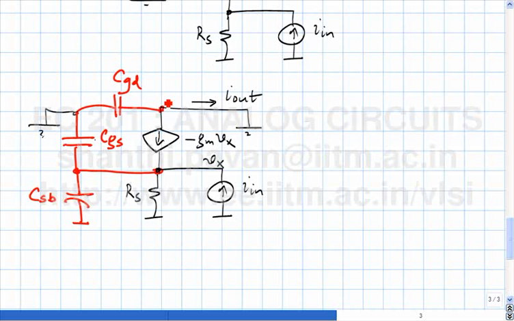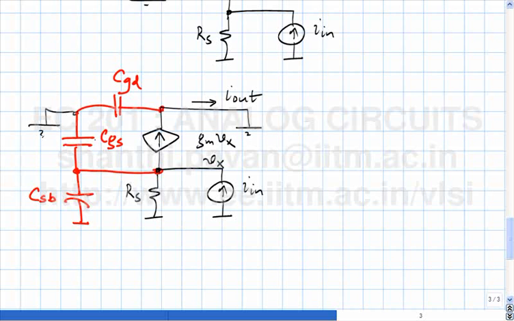CDB is anyway connected between ground and ground, so it doesn't matter. So the question is, what is I out versus I in as a function of frequency now. So I will change the direction of the current source and the sign.